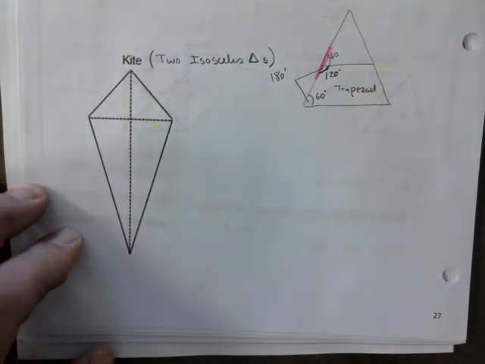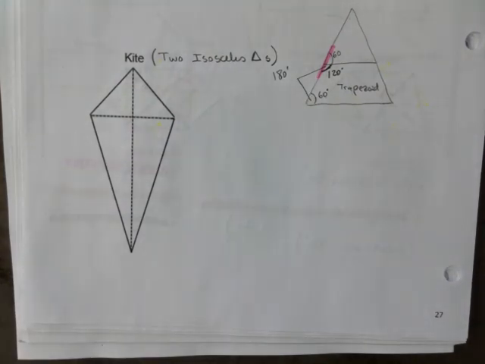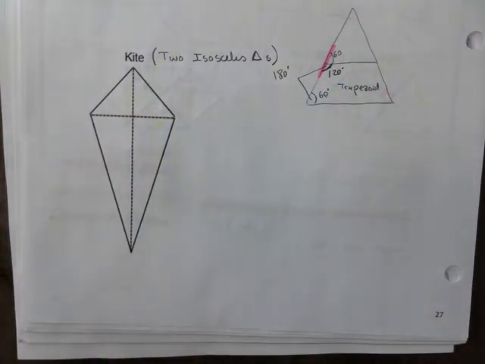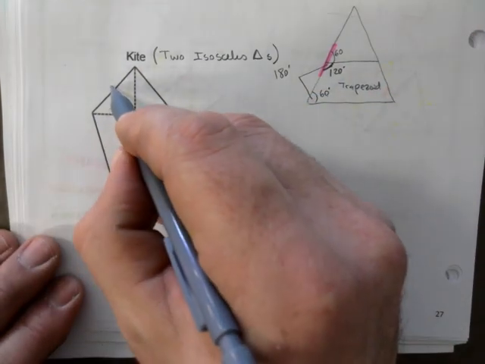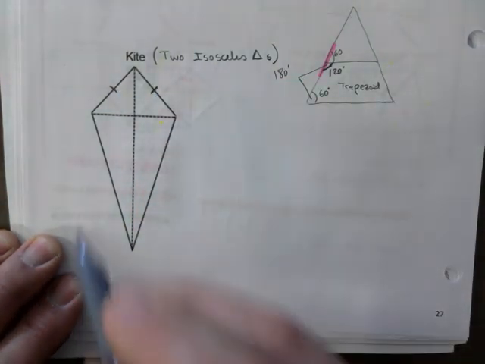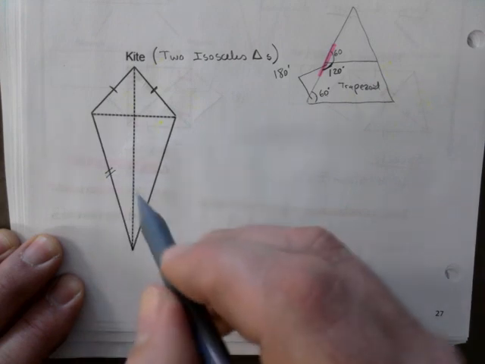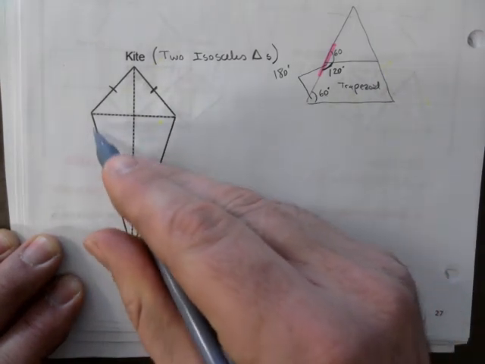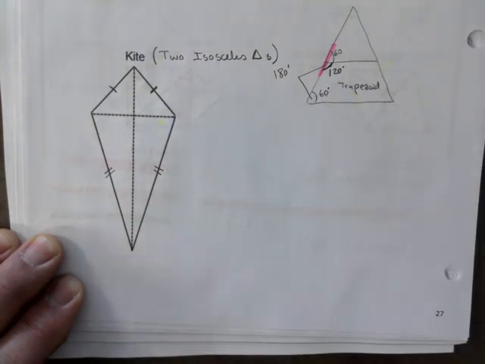I don't want you to justify it this way, but I want you to think of 2 isosceles triangles that are stacked. Okay, so watch this. This is the same as that. And this is the same as that. Can you see the 2 isosceles triangles? Yeah, so sometimes that helps, right?